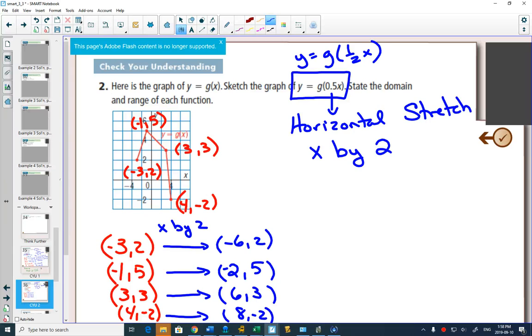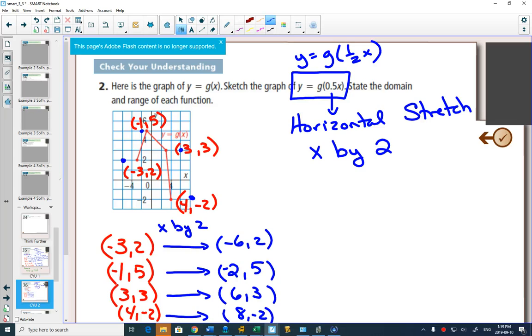Now, had we not noticed it, when we go to plot these points, I would have had (-6, 2), I would have had (6, 3), I would have had (8, -2), and then this one would have been over here instead of over this way.